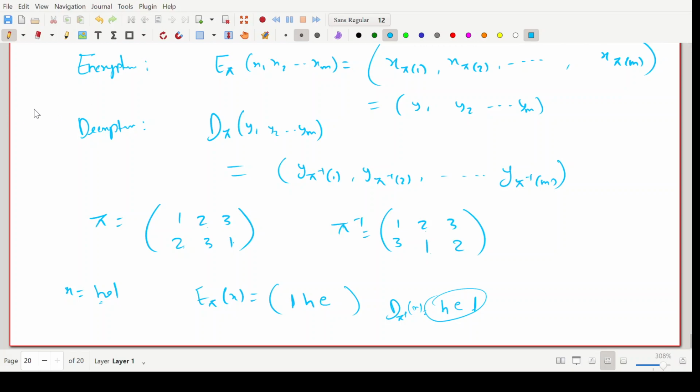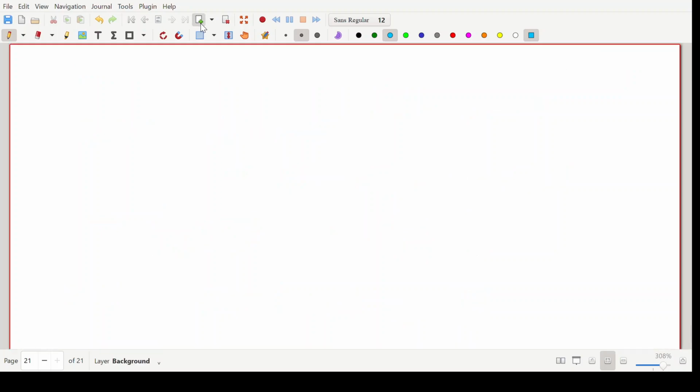Even your permutation cipher is a special case of the Hill cipher, because every permutation can be written as a matrix.